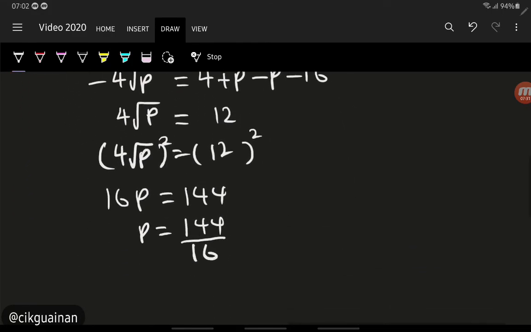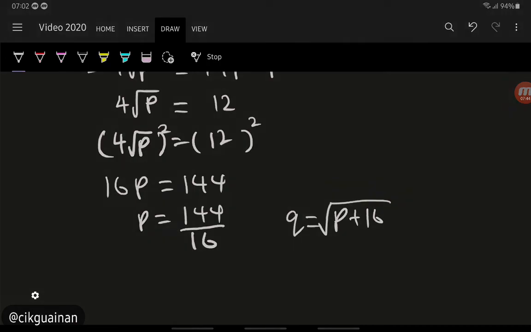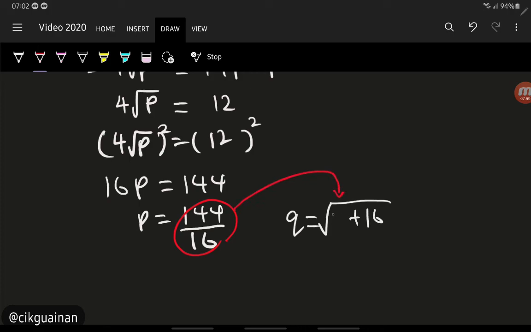What q is? Q equals square root of p plus 16, right? Yes. And then we just substitute the p. This is the p. Put it inside there. Oh, too small.